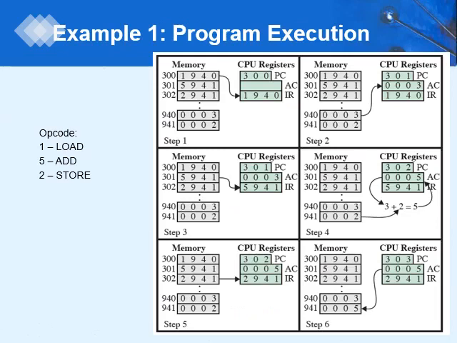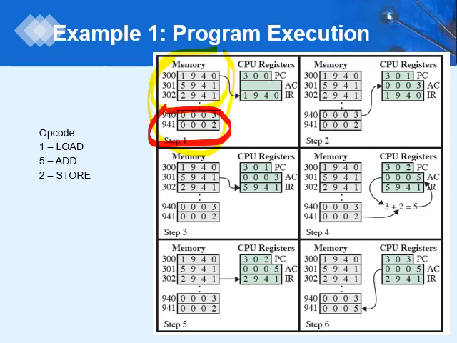Okay, so first let me introduce a few things. We have our memory, and there are 2 segments. From 300 to 302, this is the instruction segment, and then from 940 to 941, that is the data segment.